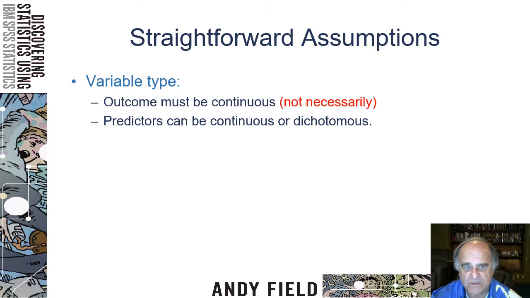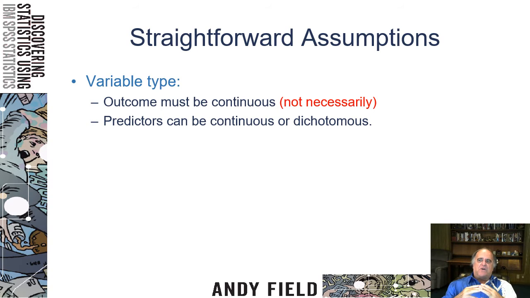Okay, so in terms of assumptions, variable type, the outcome variable must be continuous. Again, a continuous variable means it can take on a range of values. It's debatable whether, for example, a Likert scale 1, 2, 3, 4, 5 might be continuous, but you could probably regard it as continuous. I will say it's not necessarily true that it has to be continuous.